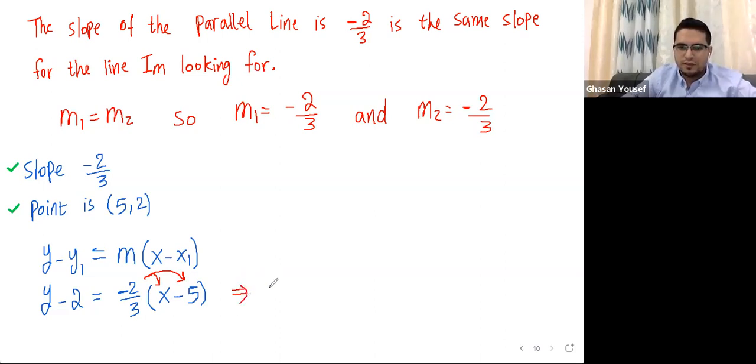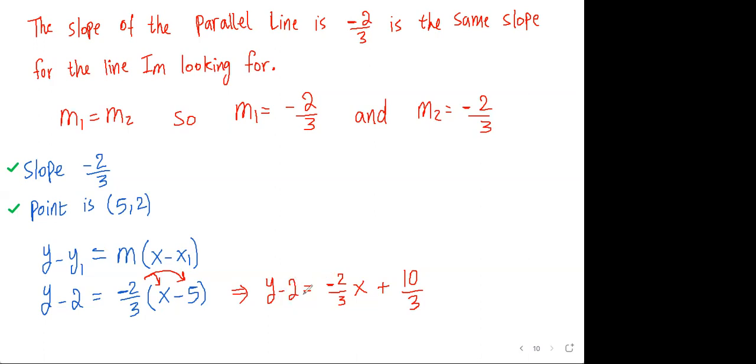Y minus 2 equals minus 2 over 3 times x plus, because minus times minus is positive, 2 times 5 is 10, over 3.